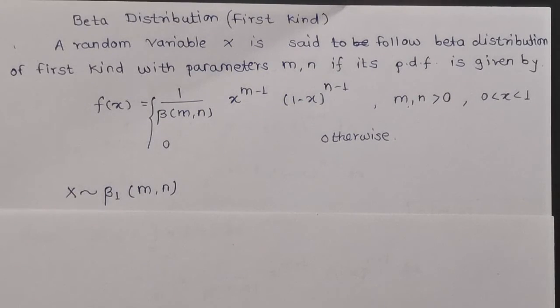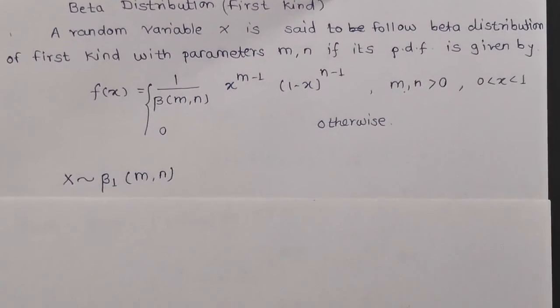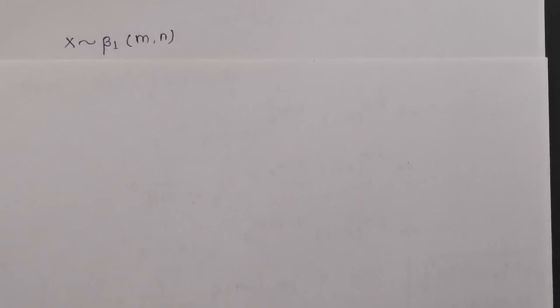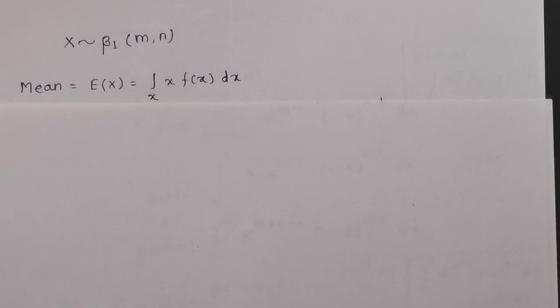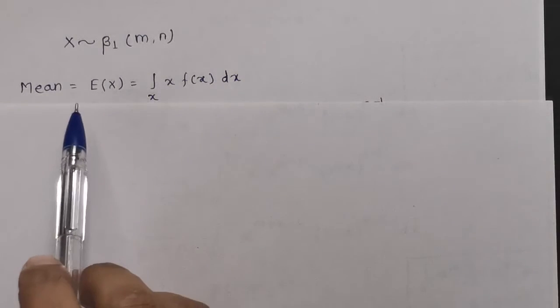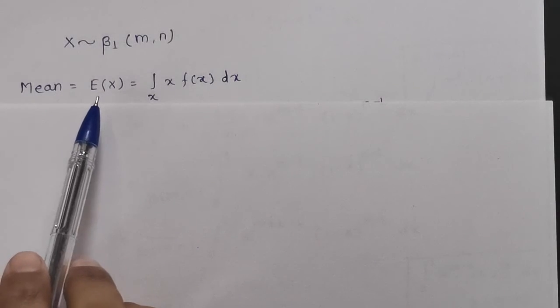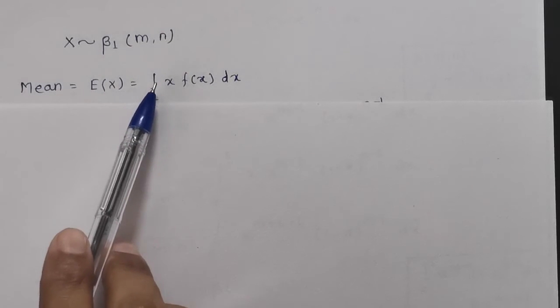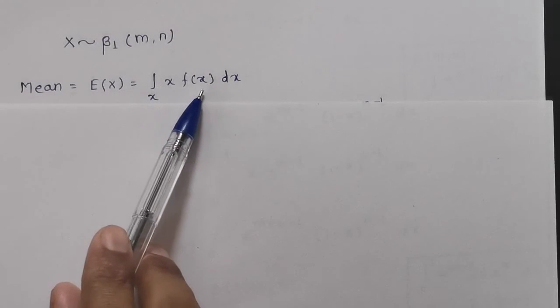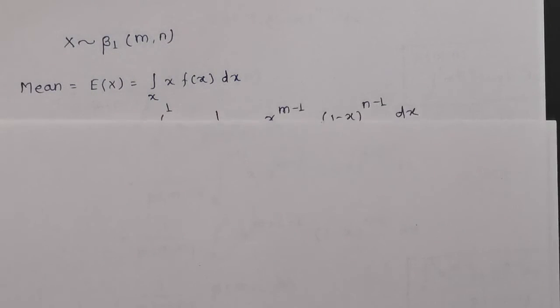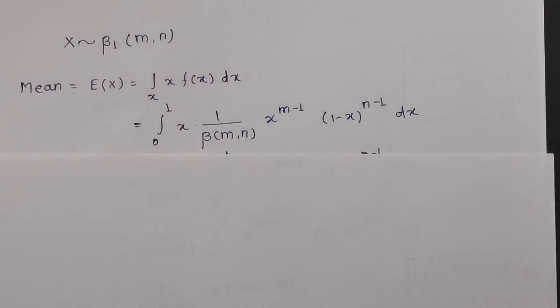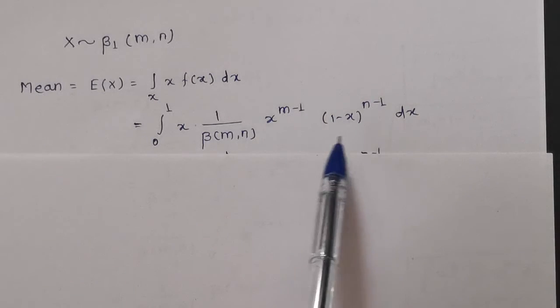Now we will see how to find the mean of beta distribution of first kind. So we know that mean of a continuous random variable is equal to expected value of x, which is integration over x into f(x) dx. Here f of x is 1 upon beta(m,n) x raised to m minus 1, (1 minus x) raised to n minus 1.